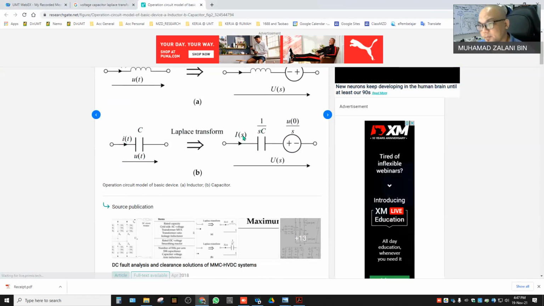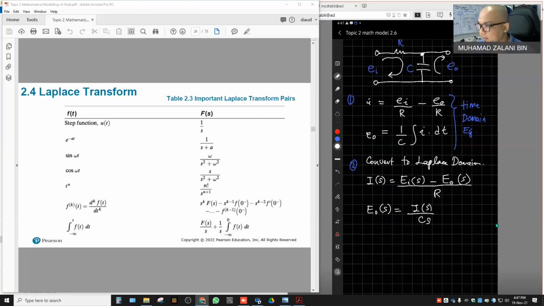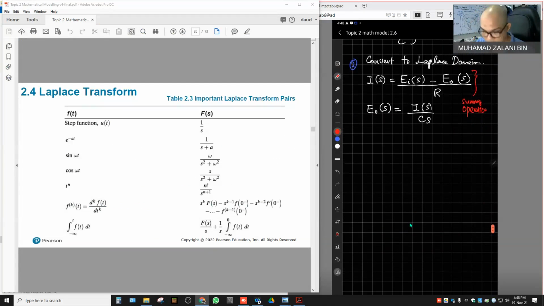So that is why we get I of S over CS for E naught, the voltage across the capacitor. From these two equations, the first is a summing operation, so we need the summing point.